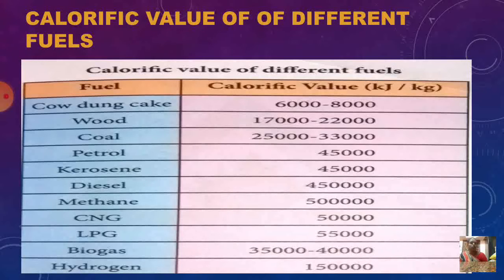Petrol has 45,000, and kerosene has 45,000. Diesel has 4,50,000, and methane has 5 lakh. CNG, that is compressed natural gas, has 50,000. LPG has 55,000, and biogas has 35,000 to 40,000. Hydrogen has 1,50,000.